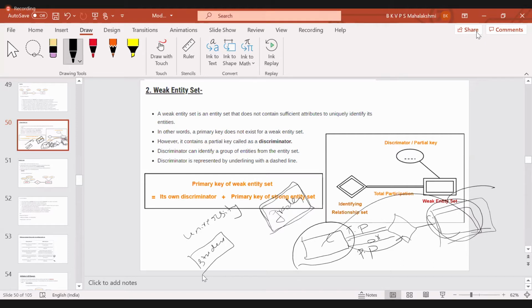So if it has a relationship, results is a relation, then complete participation should be there with the student in order to get this grades entity's data, because it's not having any student id in this particular entity. In the student, it has student id. If we know the student id, then we can easily get the grades of the student also. So grades must be mapped to all the students.